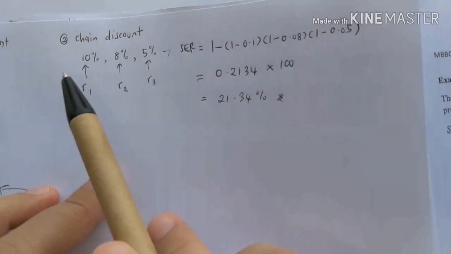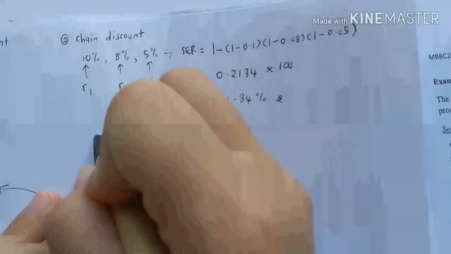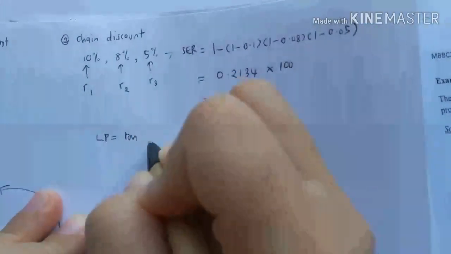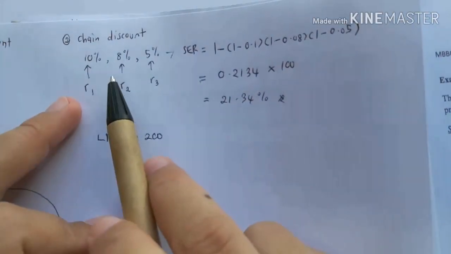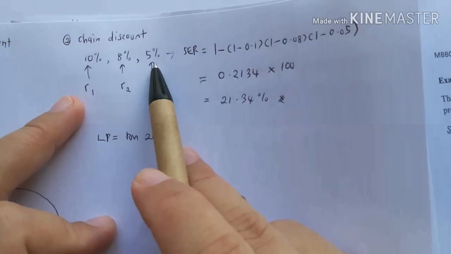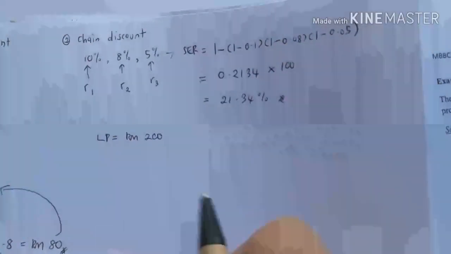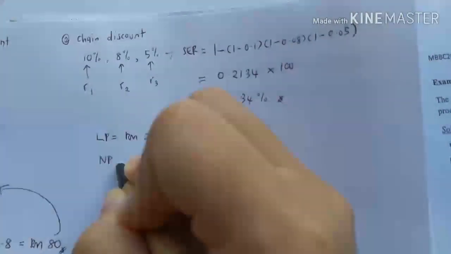For the chain discount, let's say the original price is RM 200. Now, this shop offers you a chain discount of 10%, 8%, and 5%. Now, we want to find the net price. Let's say the simplest way is by using the shortcut formula.